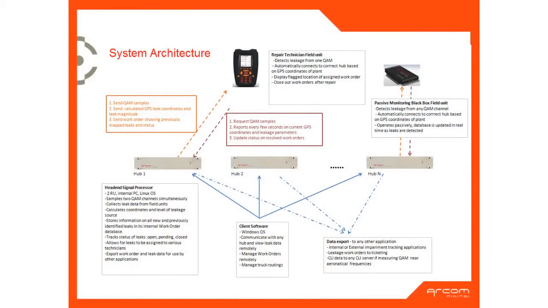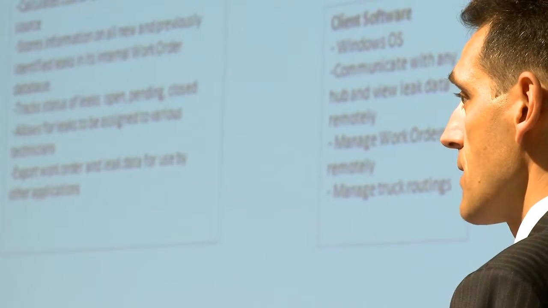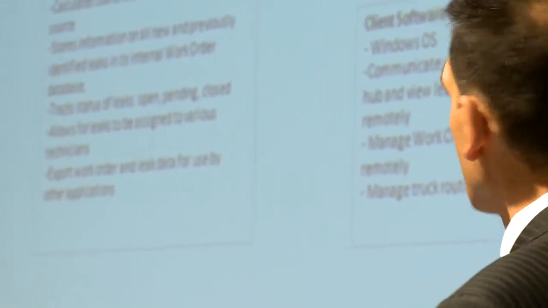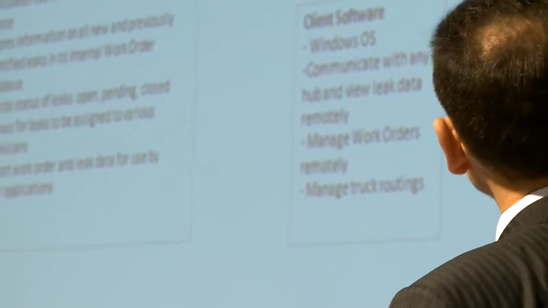How the system is organized. There is a handheld unit, which can be used also as a car unit. It exchanges information with the signal processors installed at the hub sites. There can be a number of hub sites. You can drive between the hub sites, and it will recognize the place where it works.